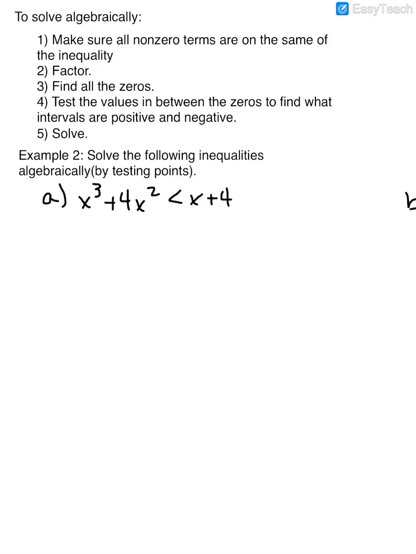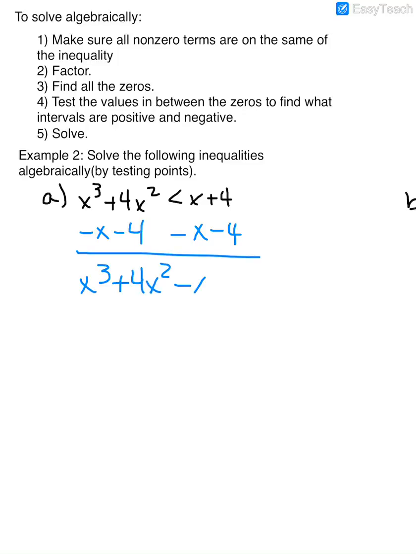Okay, so here, example 2a, I want to move my x over and my 4 over. So that gets me x cubed plus 4x squared minus x minus 4 less than 0.